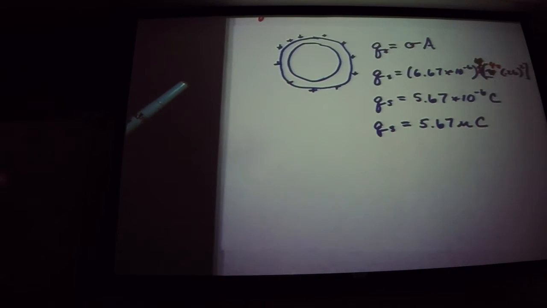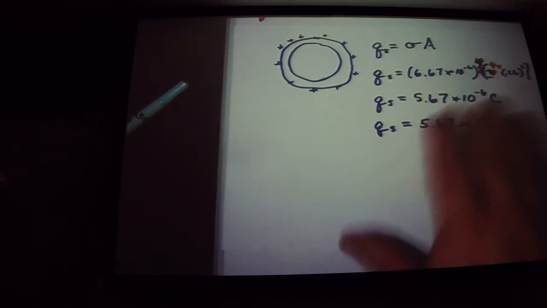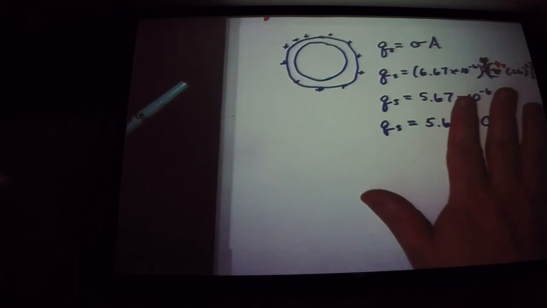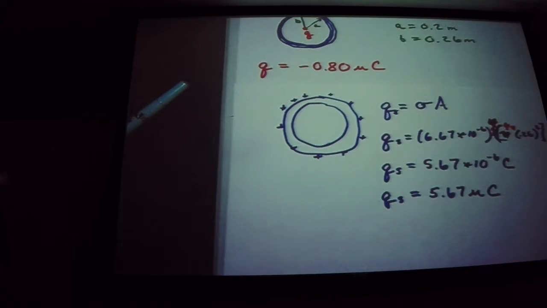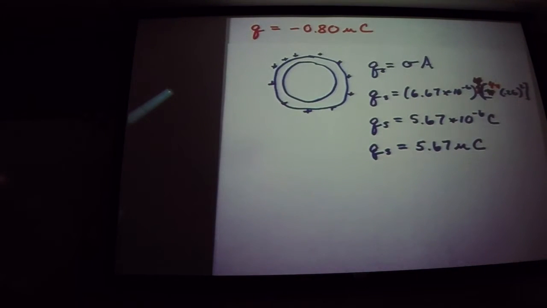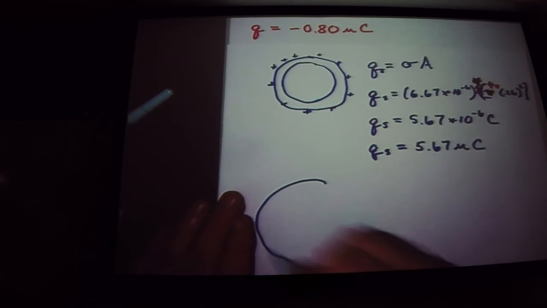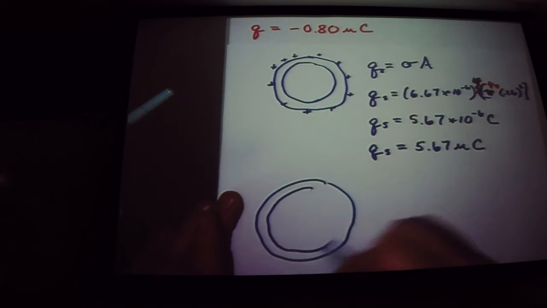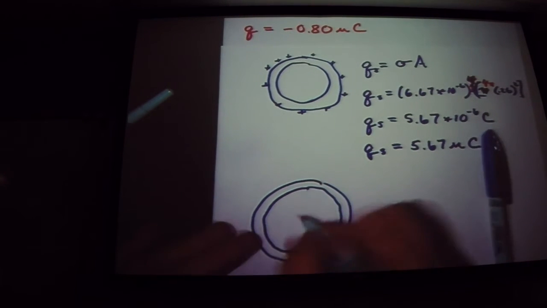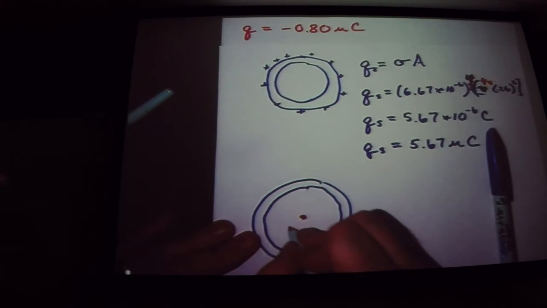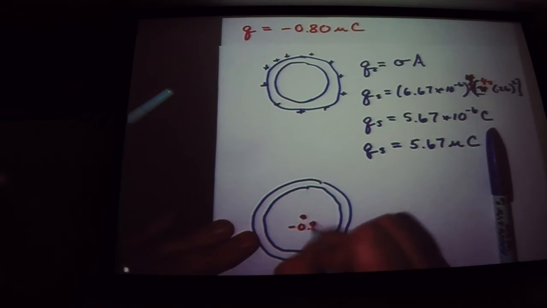So now to what I would expect you to do, okay? Given this charge on the shell and given the other charge in the cavity, I would expect you to be able to figure out where the charges are in this distribution by using the principles involved with Gauss's law. So here's the way the principles work. Let me draw the shell. And now I stick this charge in the middle, negative 0.8 microcoulombs.